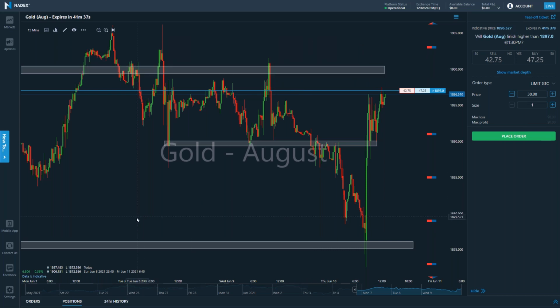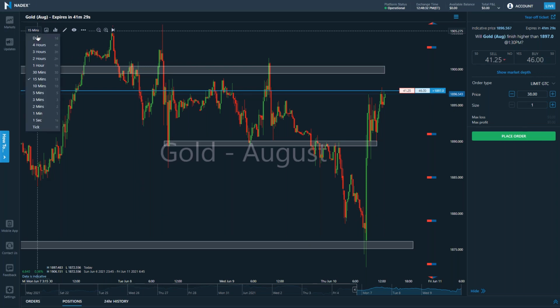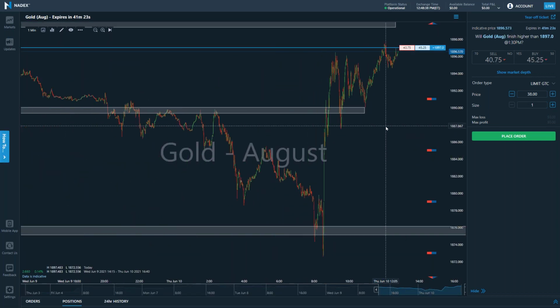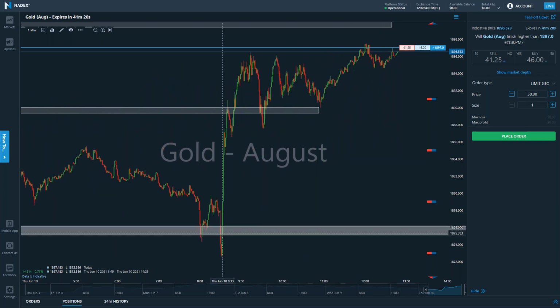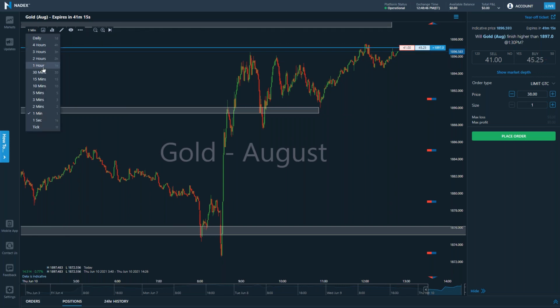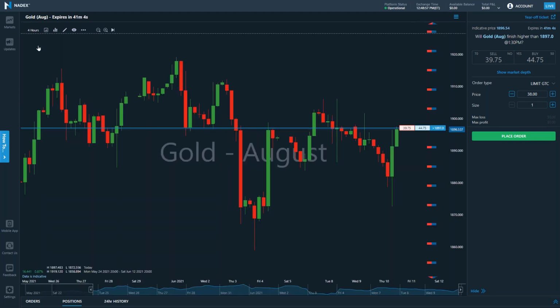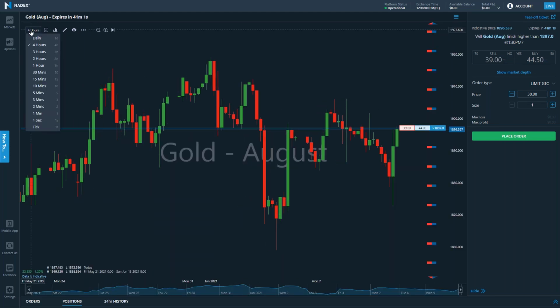Now, let's play around with some of the tools that are available. First, the first thing I'm going to show you is this is a 15-minute chart, okay? I could make this a 1-minute chart, and I've got a slightly different view of what's going on because I'm seeing it every single minute. I could make this an hourly chart, and you're going to see these movements, but you've got to make a determination how big you want each one of your candlesticks.